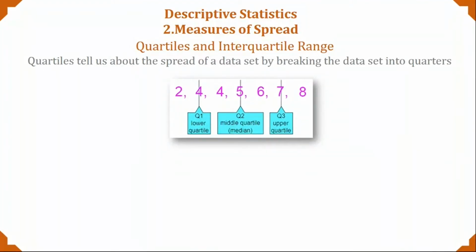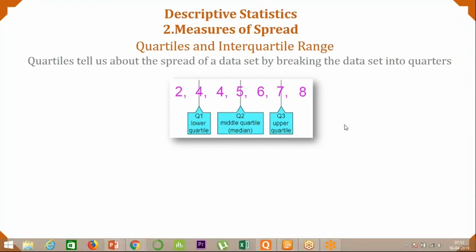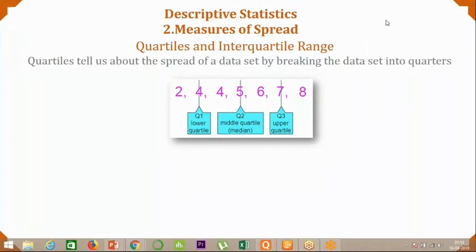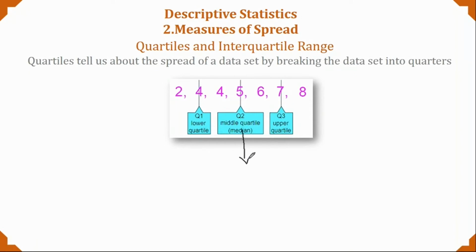If you see here, there are three splits in the data. You said there are four quarters. Yes, there are: one, two, three, four. With the three splits, we are dividing the whole data into four quarters. The middle one will be your median.